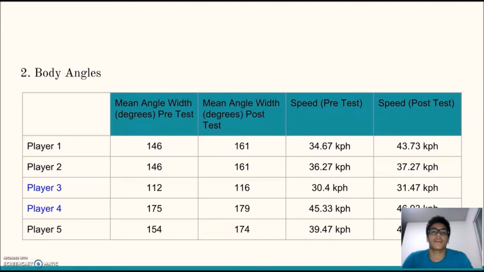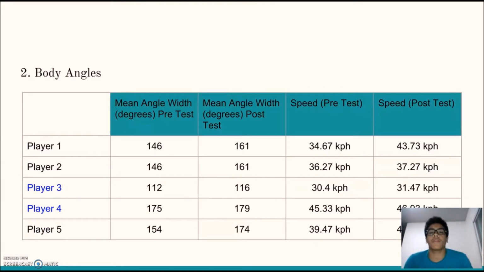So the next thing we'll discuss are the body angles, specifically the rotation angle of the body from the preparation phase to the end of the shot. This table shows the mean angle width of the pre-test and post-test along with the speed of the pre-test and post-test per player. As stated, the angles were taken when the players were in the preparation phase of the shot. This is to see the complete rotation the players undergo when shooting.